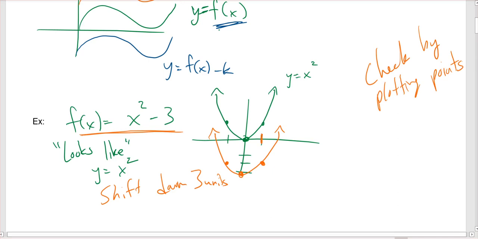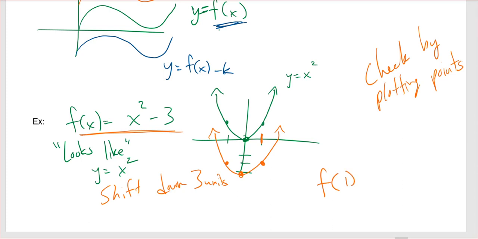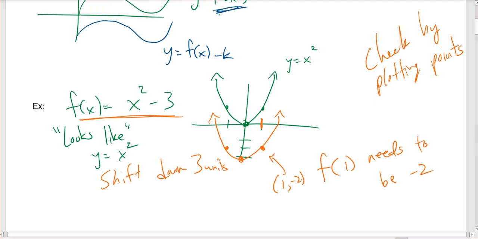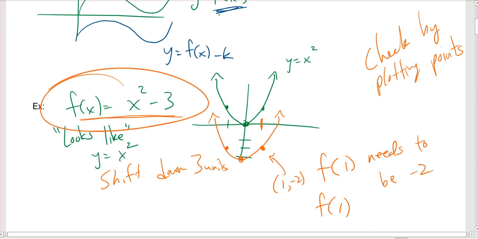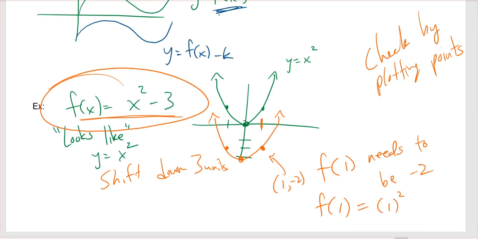So if we put x equals 1 into our function, what do we need that to be? Well, this ordered pair here is (1, -2), so we need that to be negative 2. So check: f of 1, we plug that into our original function. We get 1 squared minus 3, and lo and behold, that is negative 2.